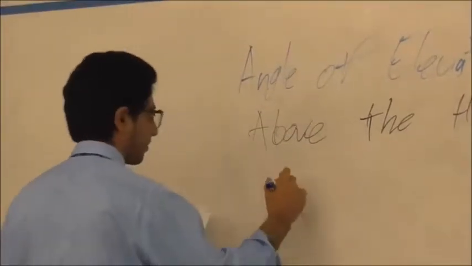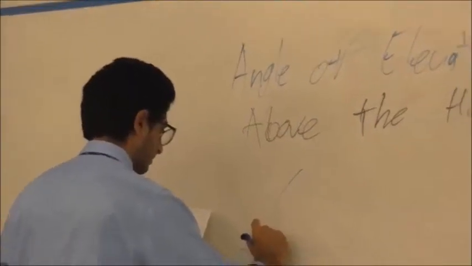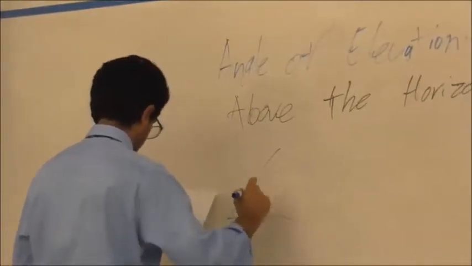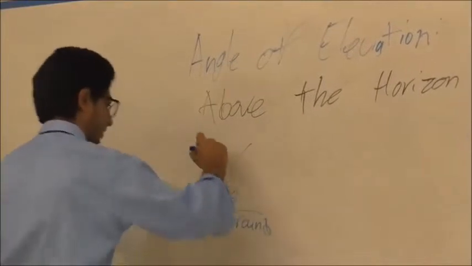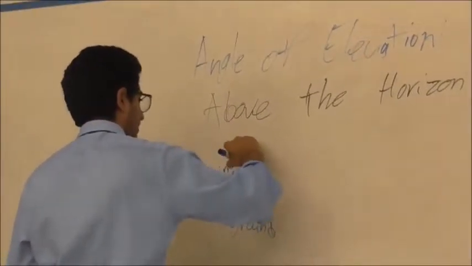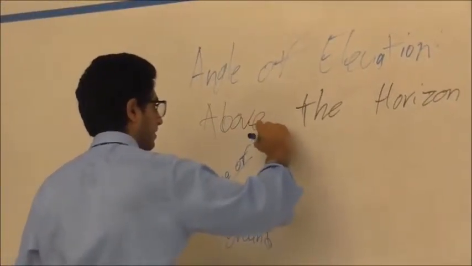So now, for example, if this was our angle, this would be the ground, and this would be our line of sight.